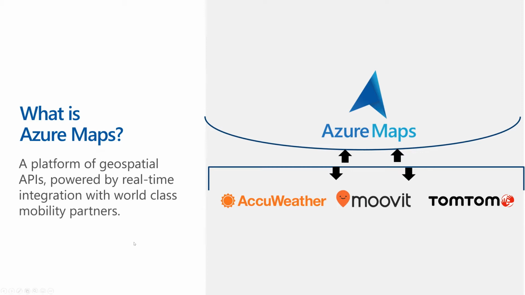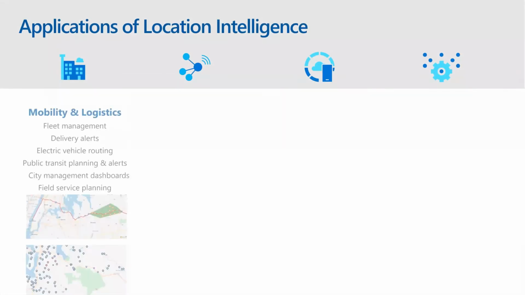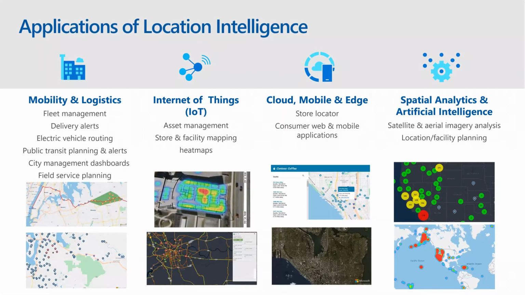We are directly integrating and collaborating with these partners to expose a best-in-class set of capabilities. And Azure Maps is very focused on providing maps that are as fresh as possible and full integration with Internet of Things, with the power of the cloud.